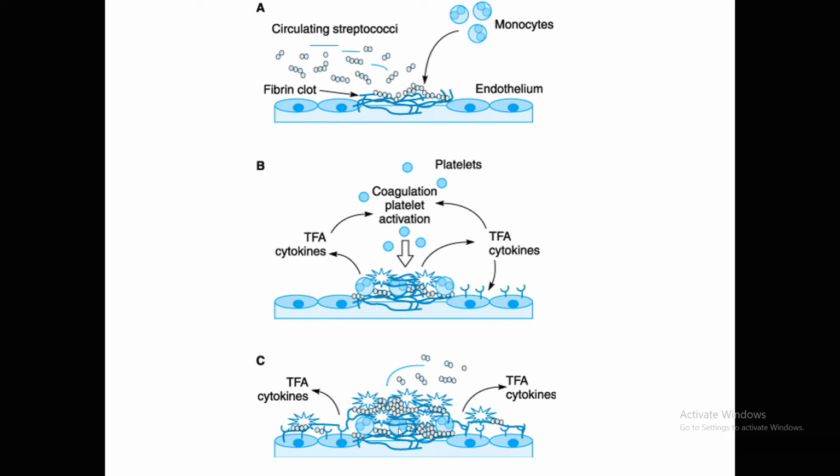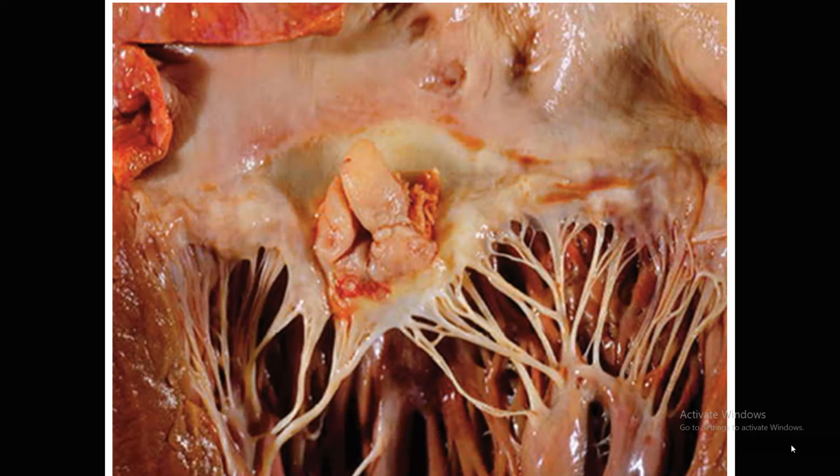The excessive growth of vegetation may sometimes cause a necessity for surgical elimination of the vegetations. This slide illustrates an extreme growth of infected vegetation on a cusp of a valve in the endocardium.